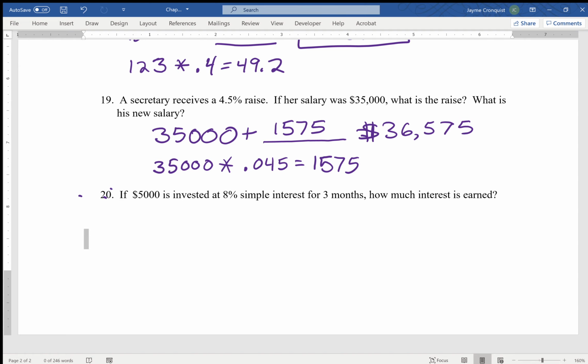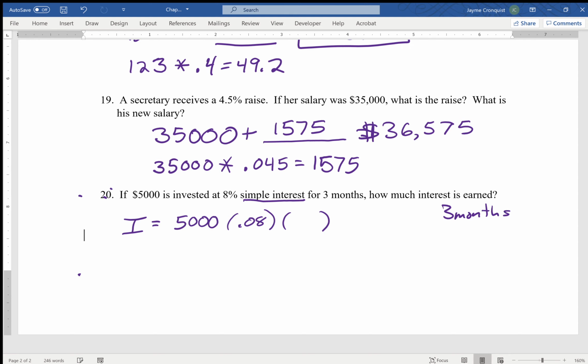All right, and now our last one. If $5,000 is invested at 8% simple interest, remember simple interest is just principal times rate times time. If $5,000 is invested at 8% for 3 months, how much interest is earned? So the amount of interest is going to be 5,000 times 0.08 times 3 months.